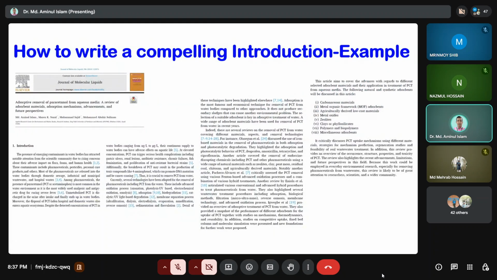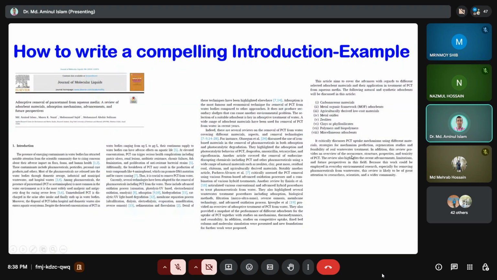What are the various methods for solving the problem? Then, what have previous reviews already explained on this particular topic? Then, what you have done in your review. So you need to write this.